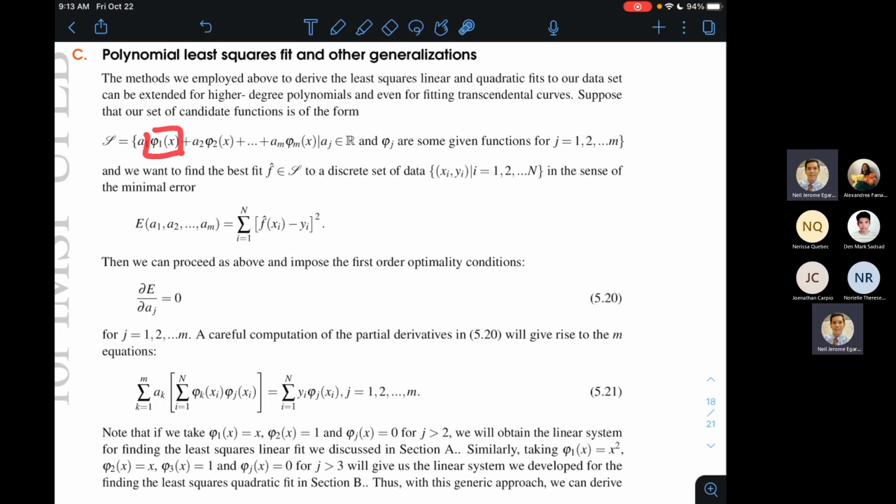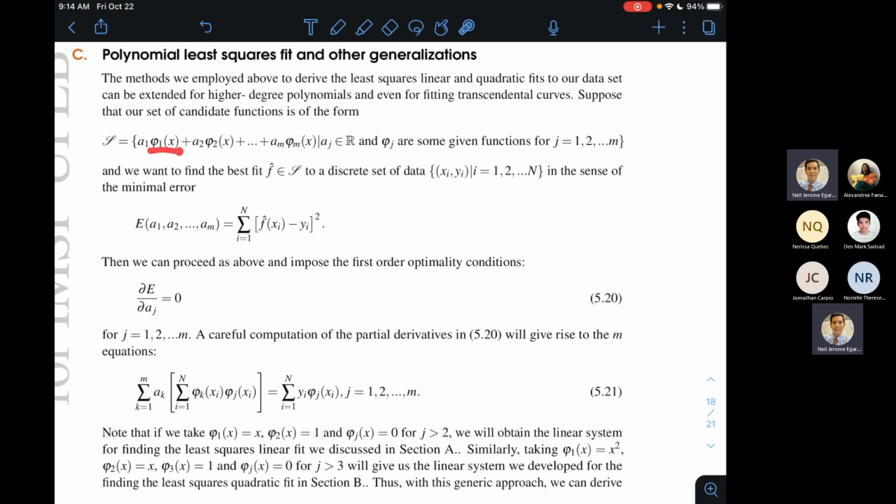So yung mga psi dito, psi1, psi2 until psi_m, ito yung mga known functions na gusto mong gamitin dun sa pagmo-model. So in our case, sa linear fit, si m ay equal kay 2 kasi meron lang tayong dalawang terms.